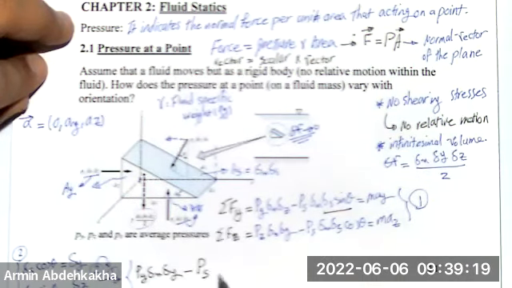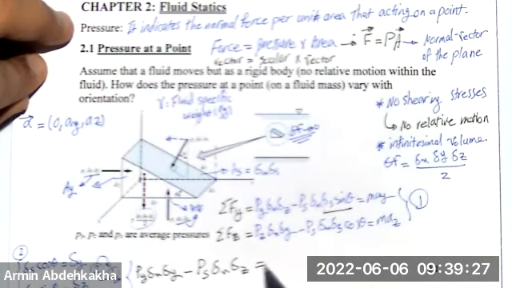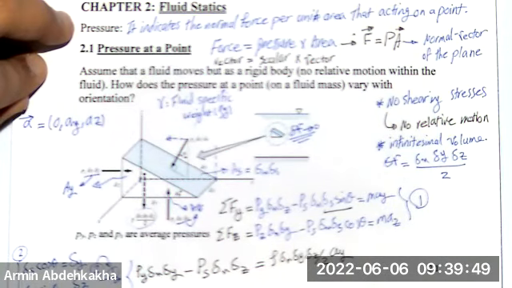So Ps delta x delta z is equal to, replacing m with rho delta x delta y delta z over 2, multiplied by ay. And for the second one in the z direction, we have Pz delta x delta y minus Ps delta x delta y.